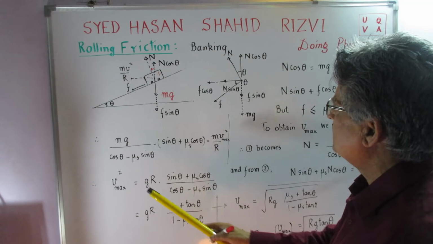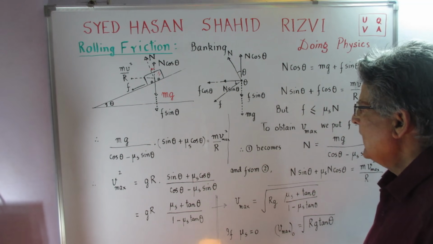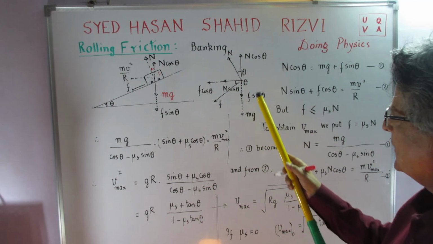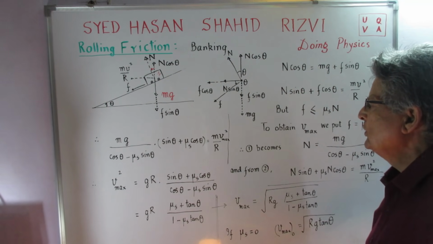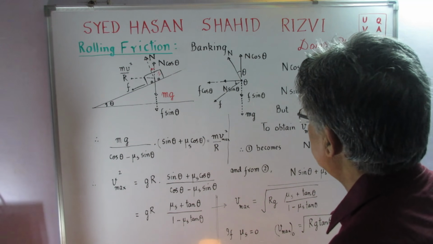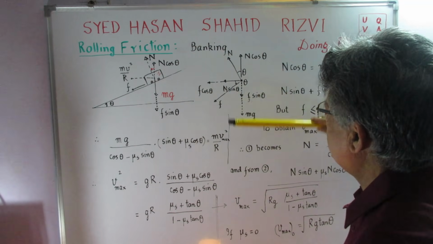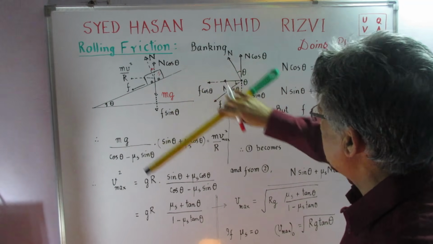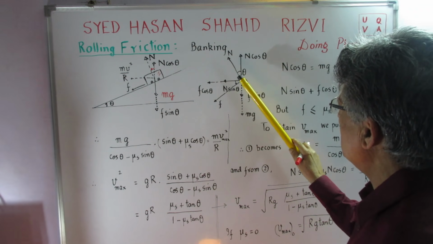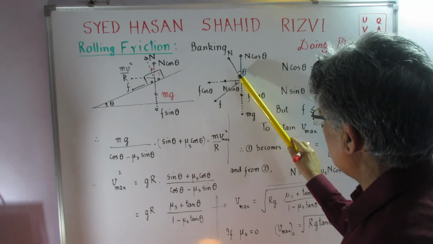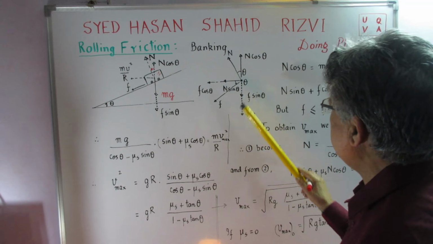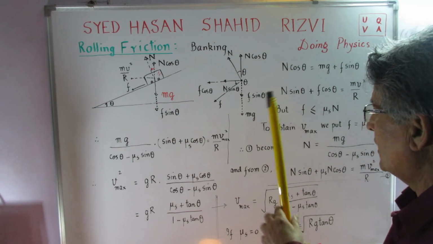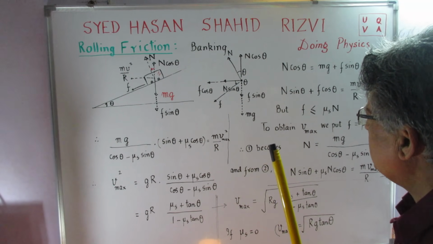We have to see how much velocity it can achieve, and then we make the free body diagram. I have the various forces. One is the force of friction, which is along the slope, and the other is the normal force, which is 90 degrees to this plane. Normal means at 90 degrees.